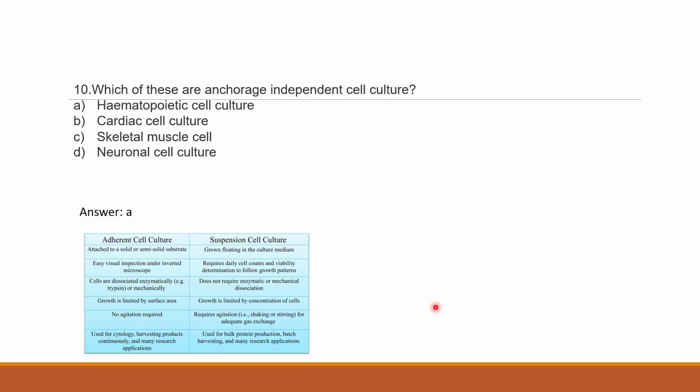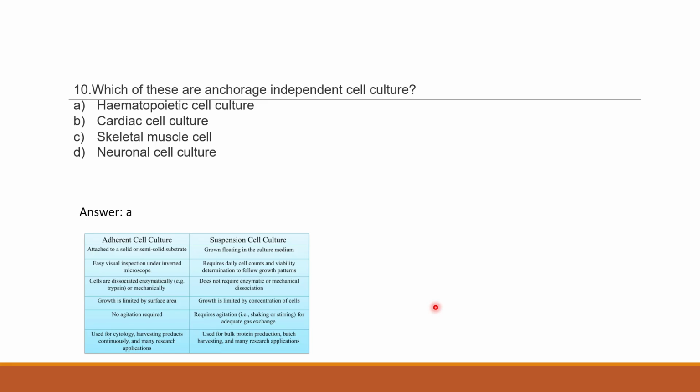On the other hand, suspension cell lines are grown floating in a cell culture medium. They require daily cell counts and viability determination. So when you do this suspension, you have to be sure that the maximum number of your cells are alive, because your dead cells also will float. How will you differentiate? You have to keep a count of your live and dead cells here.